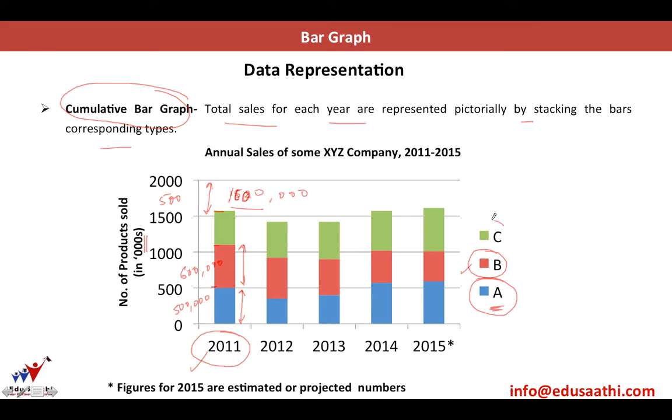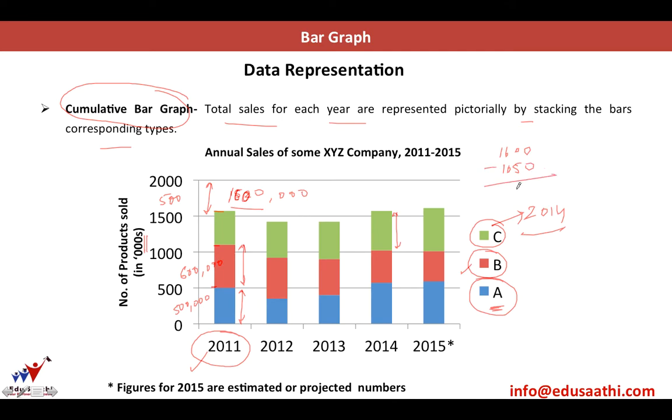Similarly, if you want to look at how many products of C were sold in the year 2014, let's say, so you look at this green bar here and you note this height. So this is how much? 1050 approximately, because this is half of 1/5. So it starts from 1050 and ends at 1600.